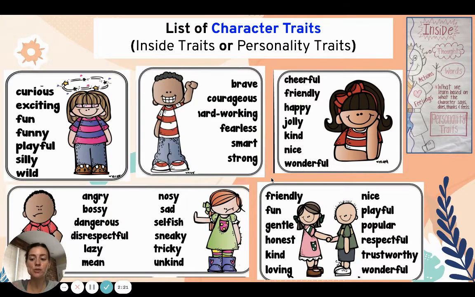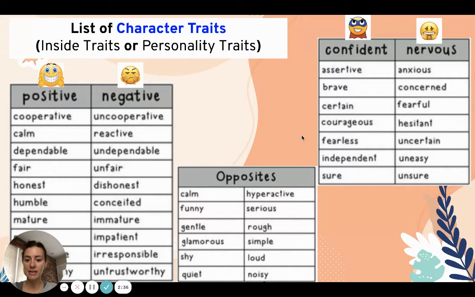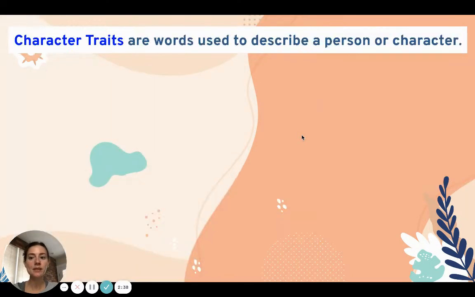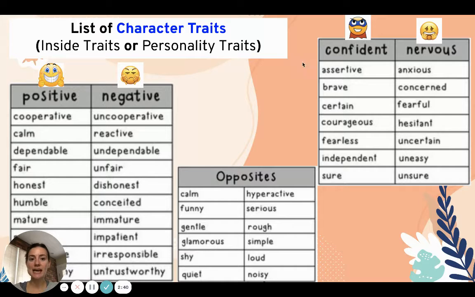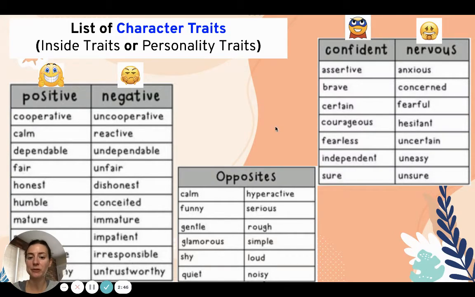So it's okay if you don't understand all of these words. We're going to keep using these lists to help us pick out character traits for characters. And we've added some more lists here. So there's lots of different words we can use to describe our characters in our texts, okay? And one more thing to note is that you can click on those little speaker buttons and that will read these words to you. And as we do this throughout the unit, you'll get more familiar with these words.